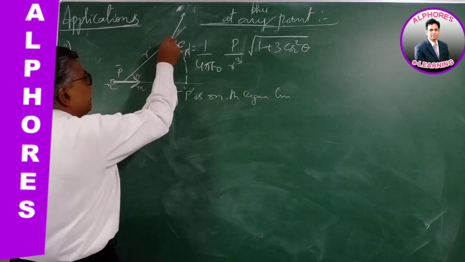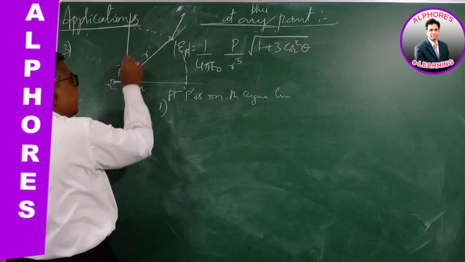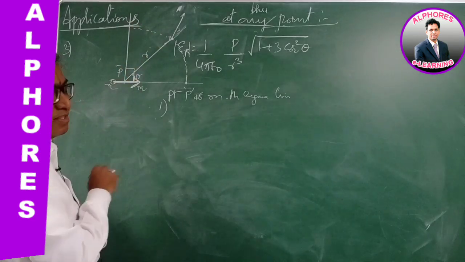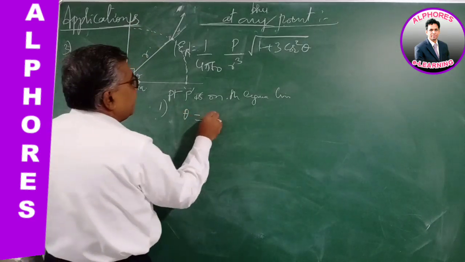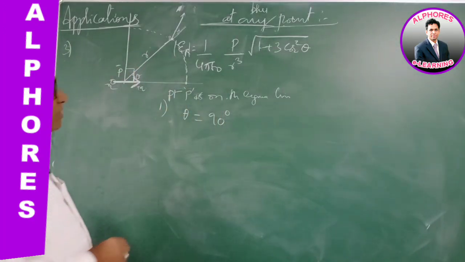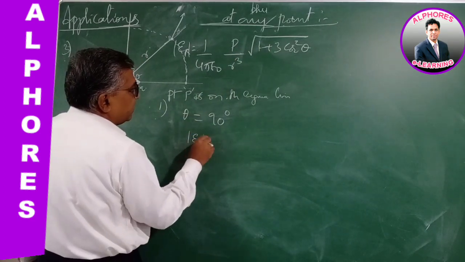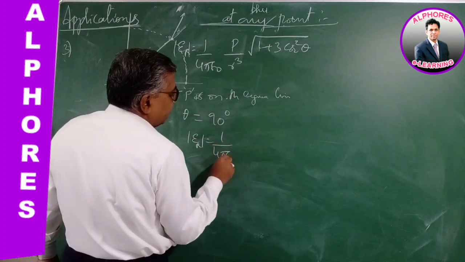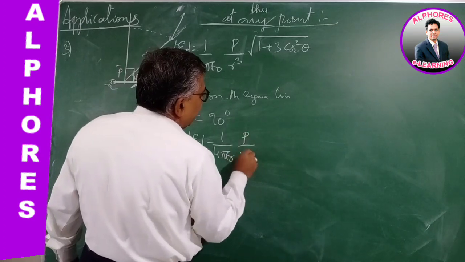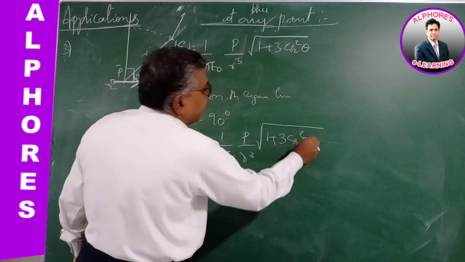If it is on the equatorial line, then the radius vector makes an angle of 90 degrees, so theta is 90 degrees. Substituting theta equals 90, the magnitude of the electric field intensity is 1 by 4 pi epsilon naught, P by r cube, under root 1 plus 3 cos square 90.